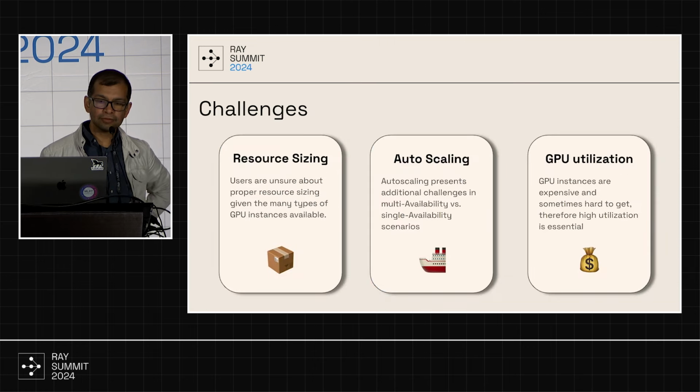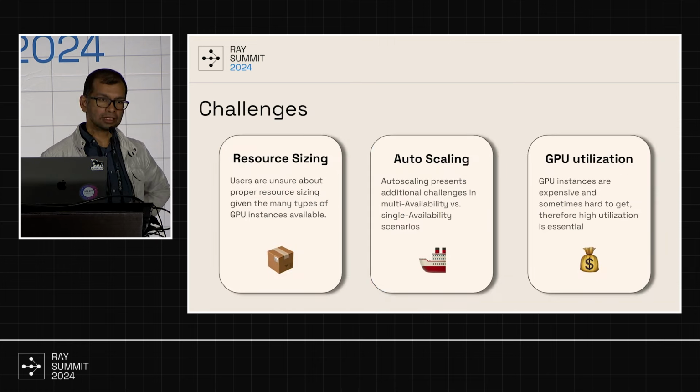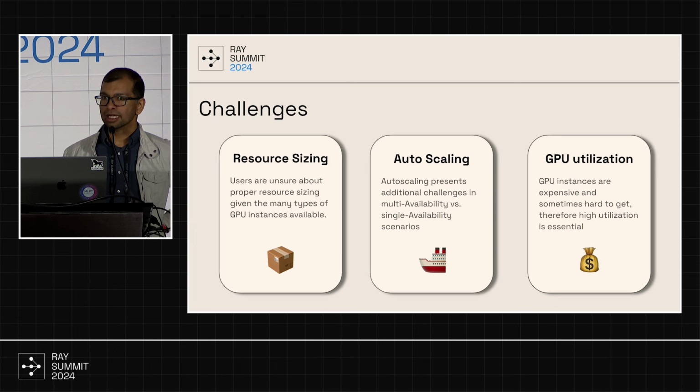While Ray has many features, there are also quite a few challenges using Ray. One is resource sizing. There are too many options when it comes to the kind of resource the users can request, and that is not at the top of the ML practitioner's mind when they're trying to execute a batch inference job or deploying a model.